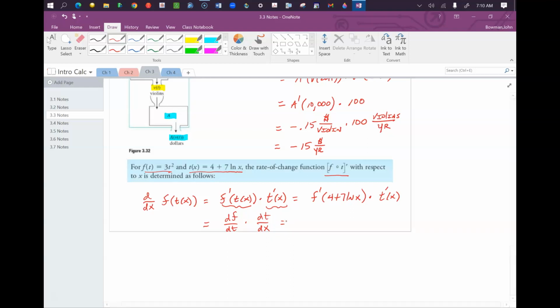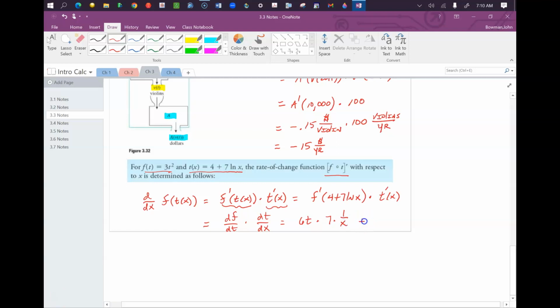The derivative of 3t squared is 6t, we're using the power rule and the constant rule there, times dt dx. So dt dx is going to be the derivative of 4 plus 7 ln x with respect to x. The derivative of 4 is 0. The derivative of 7 ln x is just 7 times 1 over x.